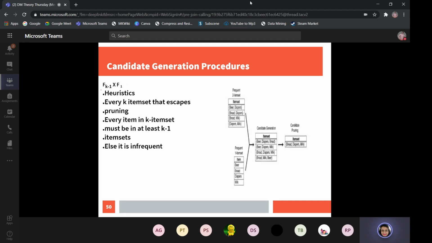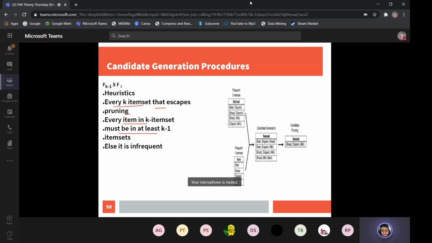So another heuristic to prune out is that every k item set that escapes pruning, every item in the k item set must be in at least k minus 1 item sets. So to eliminate items, you have to say that there is a k item set and there are item sets that have escaped pruning at the previous level.